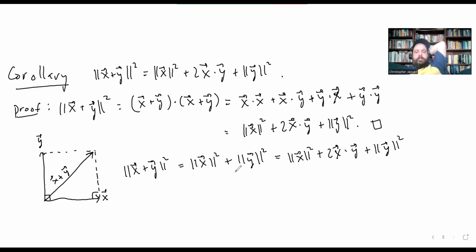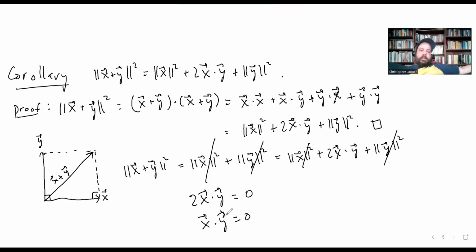And if we subtract the length of x squared plus the length of y squared from both sides, notice that these cancel, and we get that 2x dot y is equal to 0, or we can divide by 2, and that gives us that the dot product of x and y is 0.